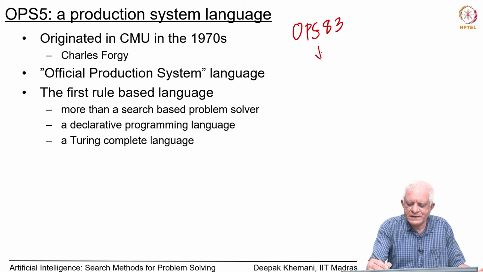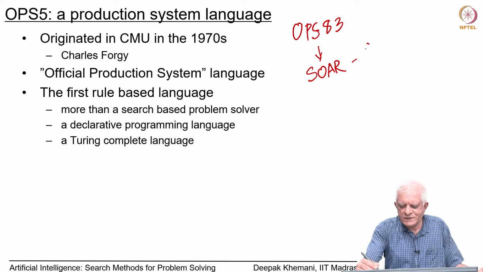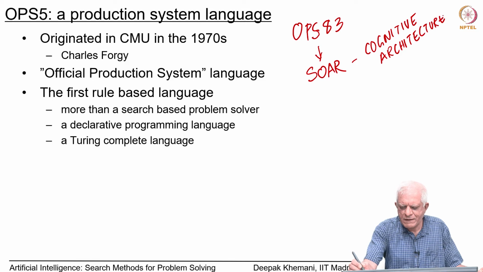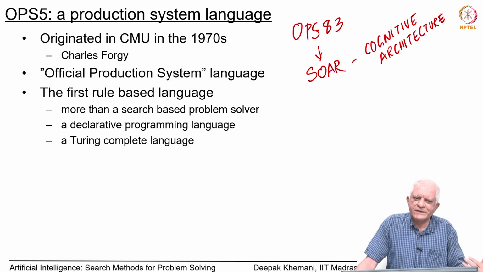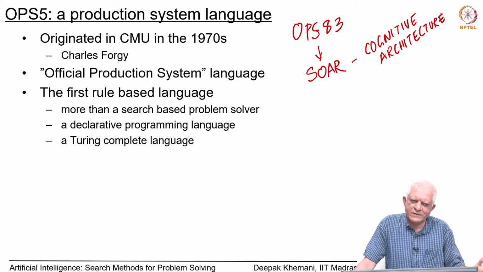Much later it evolved into a system which was called SOAR, which we will not have time to cover in this course, but it was a kind of cognitive architecture. Remember that this whole thing came out of Newell and Simon's work on how humans solve problems. So, they have a very cognitive flavor, and SOAR is just one of the cognitive architectures which are around nowadays.